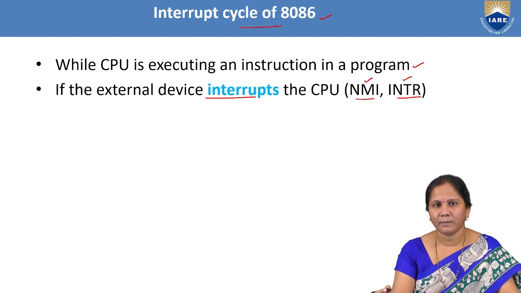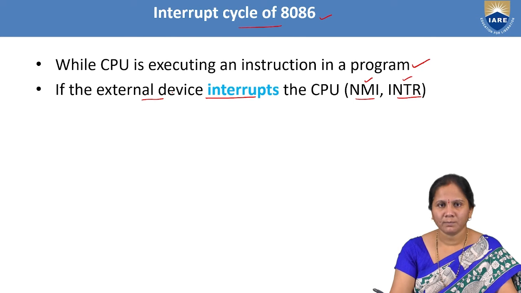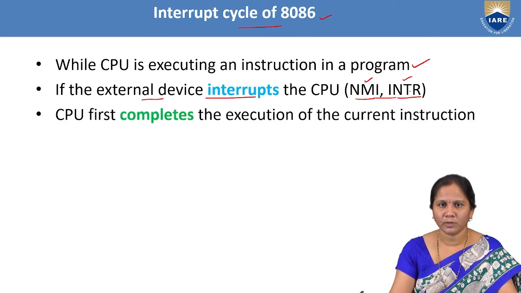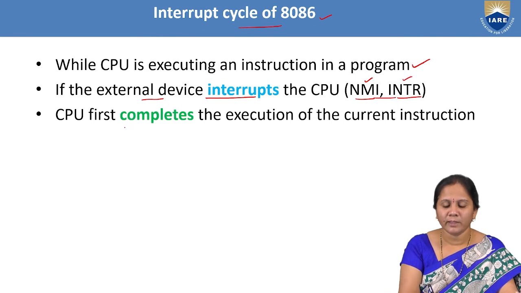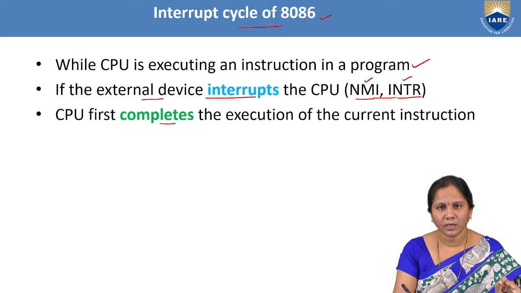So when the CPU is executing an instruction in the main program and suddenly an external interrupt comes through either of these pins, the microprocessor will first complete the instruction it is executing.